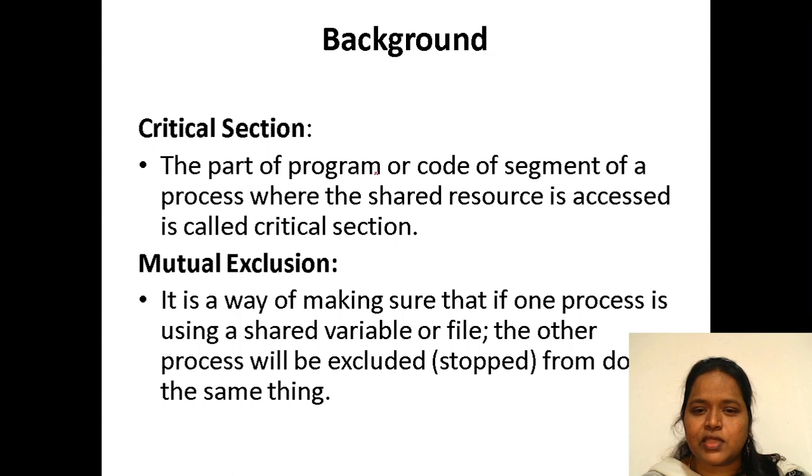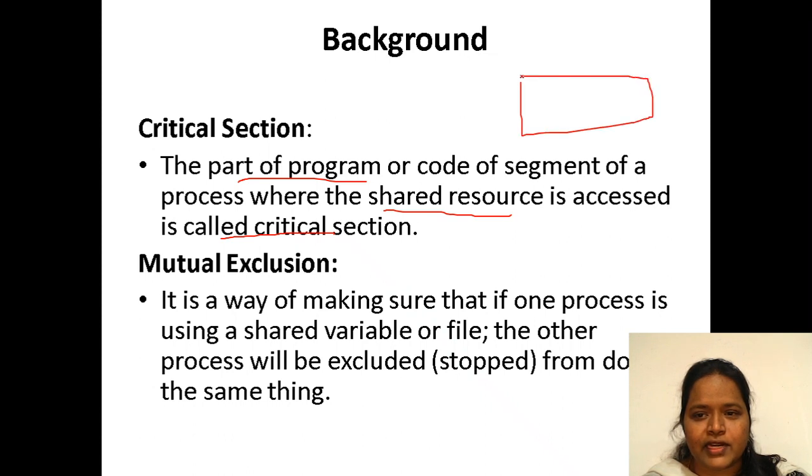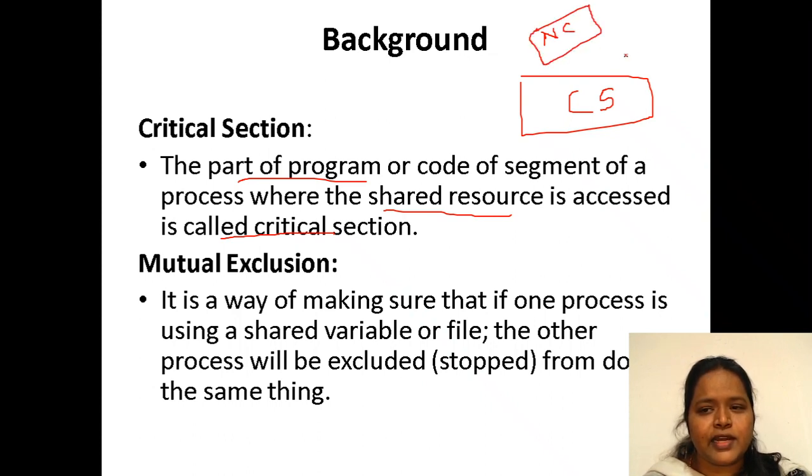The critical section is a part of a program, a segment of code, where the shared resources are accessed. As we have all seen, here we have a critical section, and we also have the non-critical section. In the critical section, we place the shareable code, which is going to be shared between two or more processes.